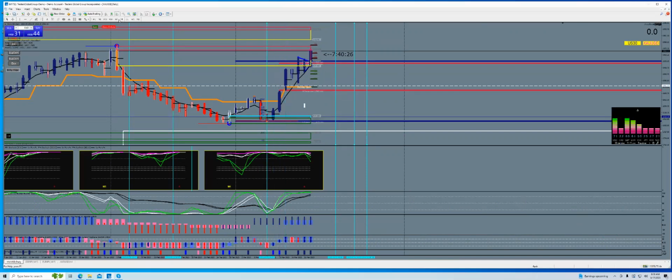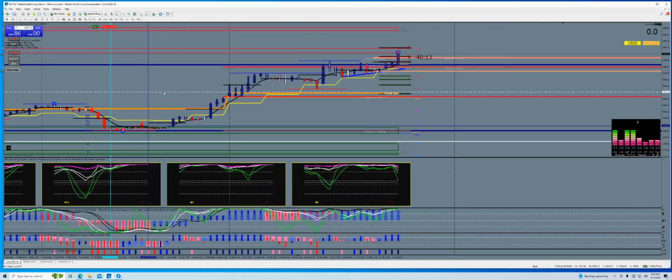So if I went over to my 4 hour chart just to make sure, get rid of these lines because it's starting to confuse me. If I went over to my 4 hour chart right here, I'm just waiting for my 4 hour to complete its turnaround.